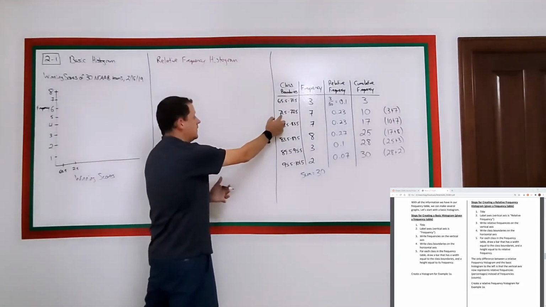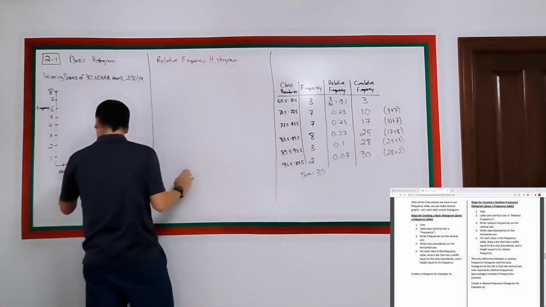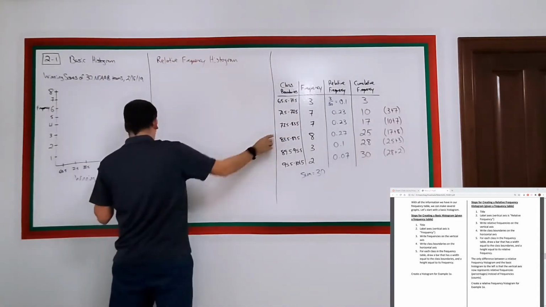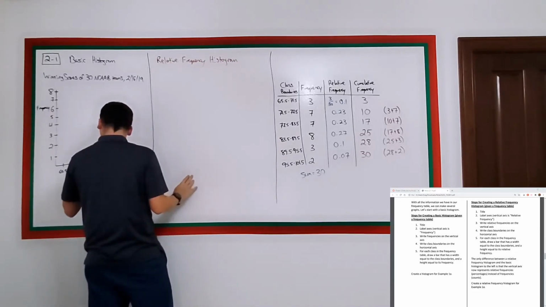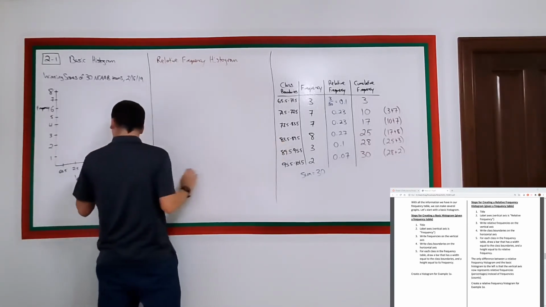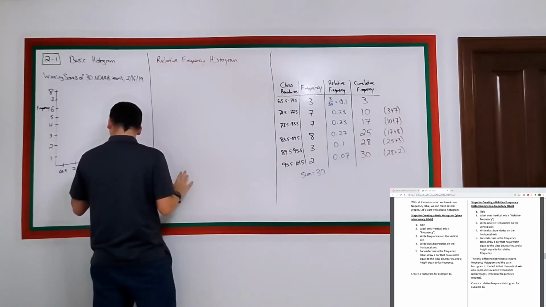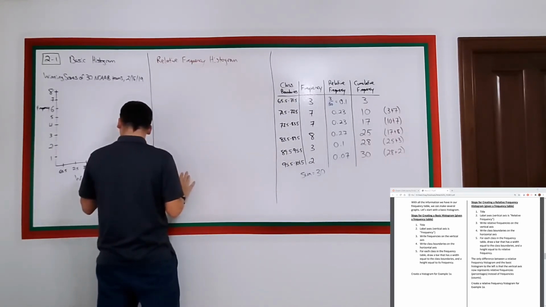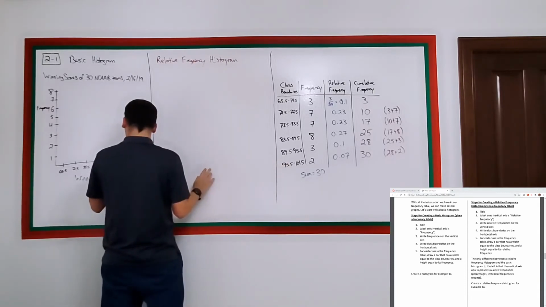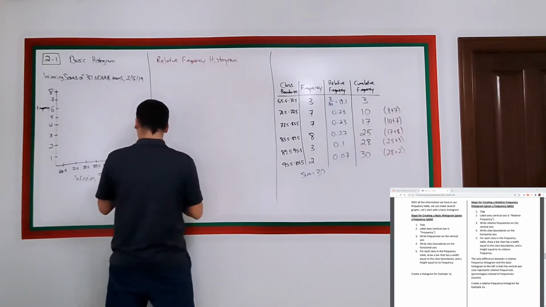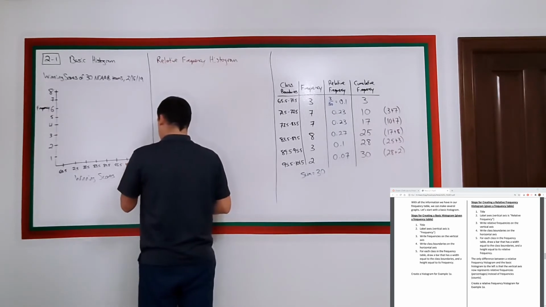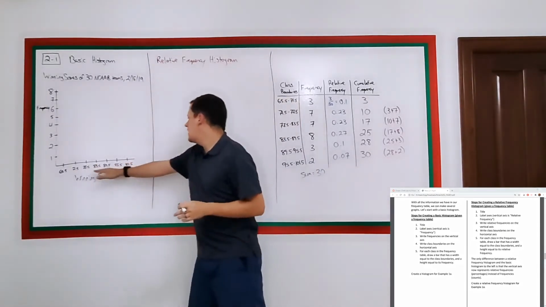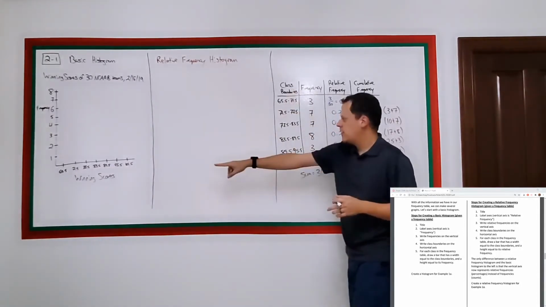It's not like we're going to put it there again. 77.5 is next. 83.5. 89.5. 95.5. 101.5. Okay. So all of the values in the class boundaries column have been graphed here.